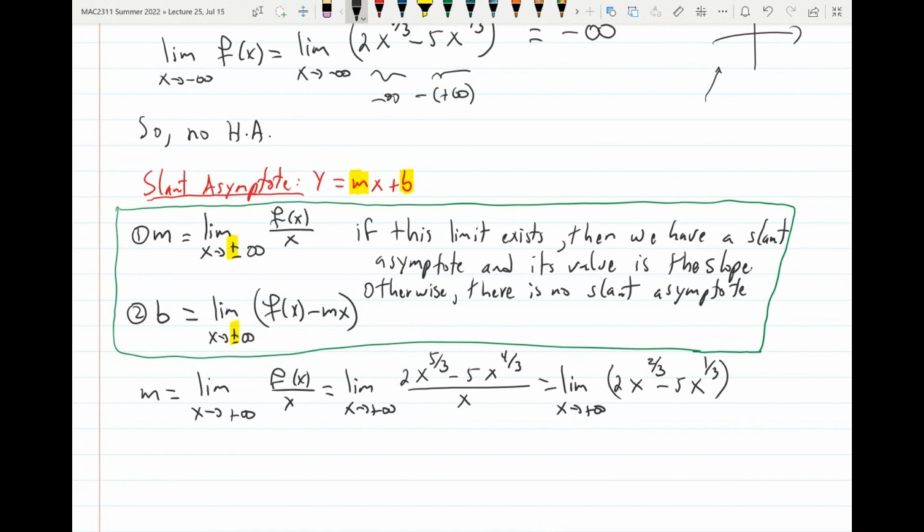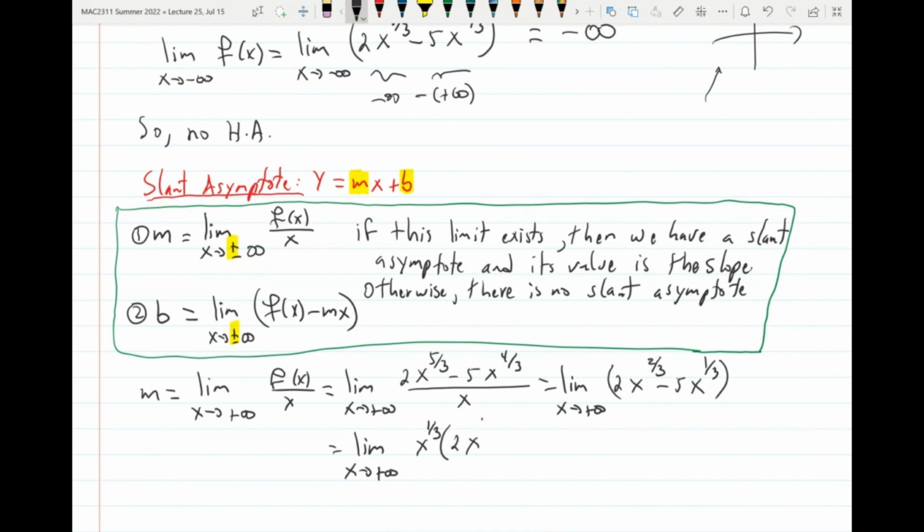Notice that the x survives, so we are not going to get a number. We're going to get some type of infinity. Here we have infinity minus infinity, but again we can factor. This time the lowest exponent is 1/3, so we take out x to the 1/3.